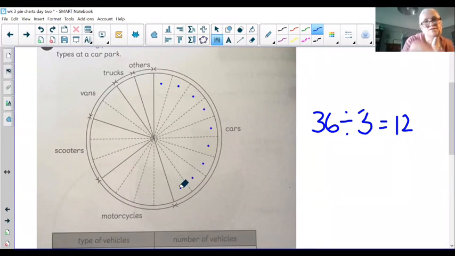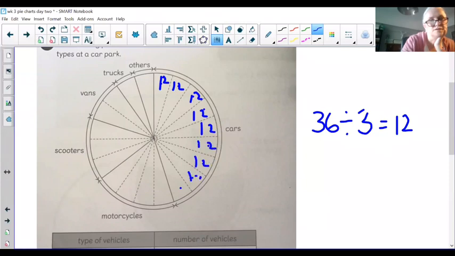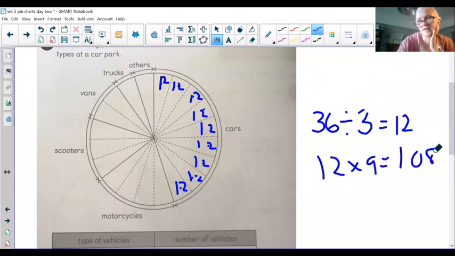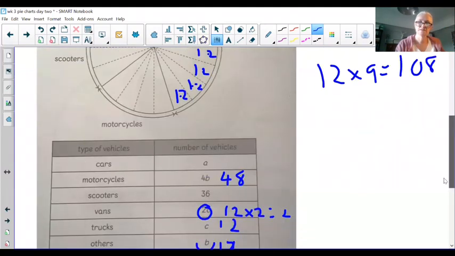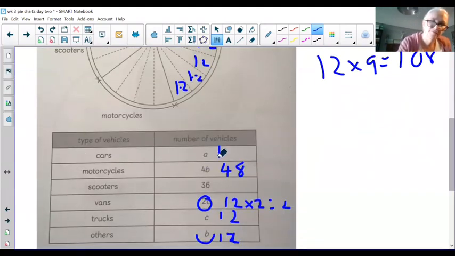Okay, and we know that each one of those is 12, remember? Because one of the segments is 12. So 12 times 9. I hope you've not all forgotten that that's 108. So cars is 108.